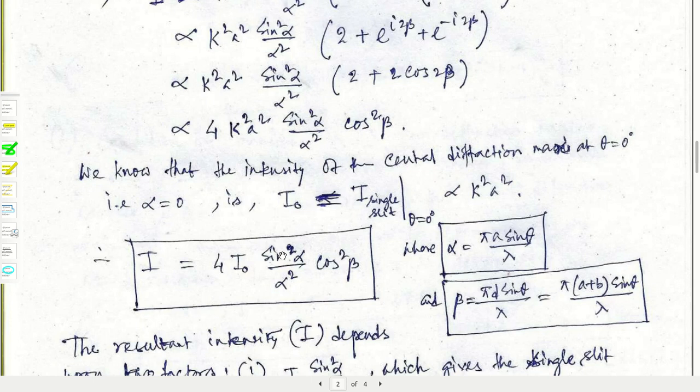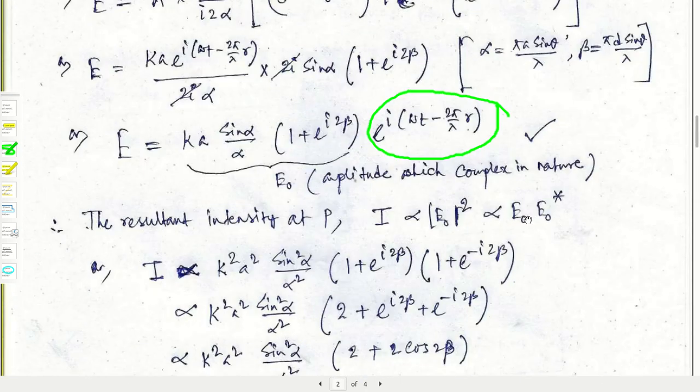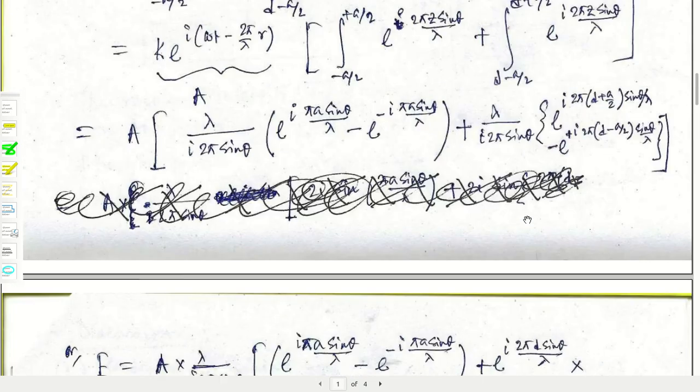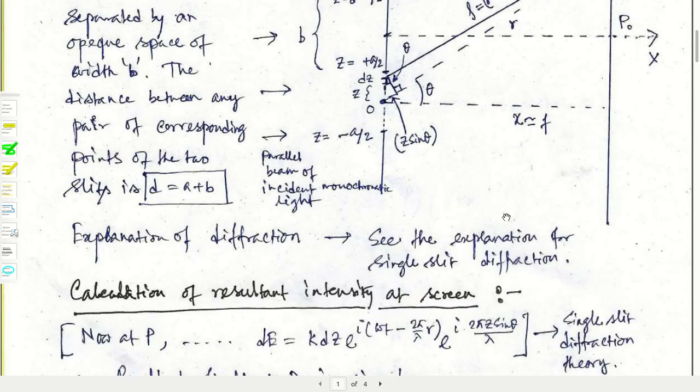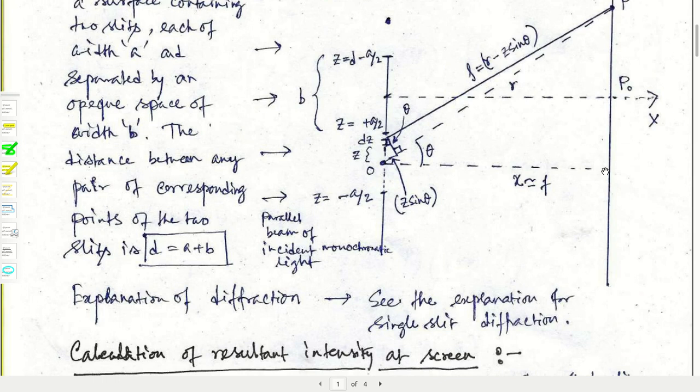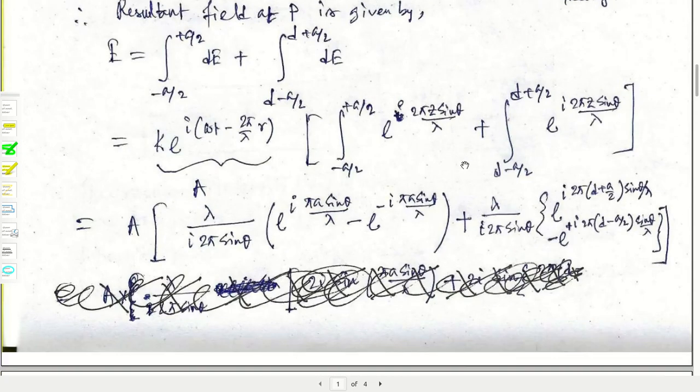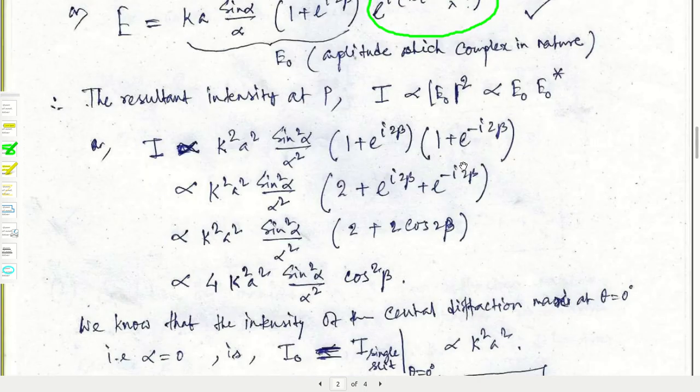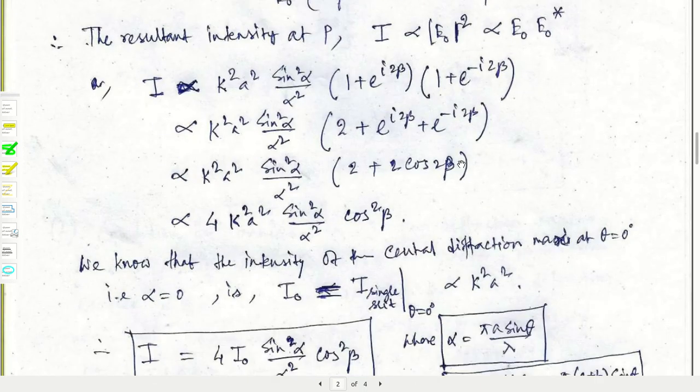Now use some normalization. If you take theta equal to 0, which is formed at this point, then what will you get?